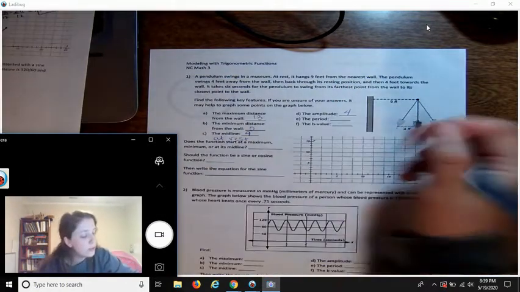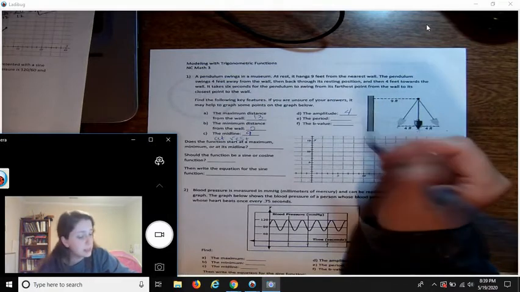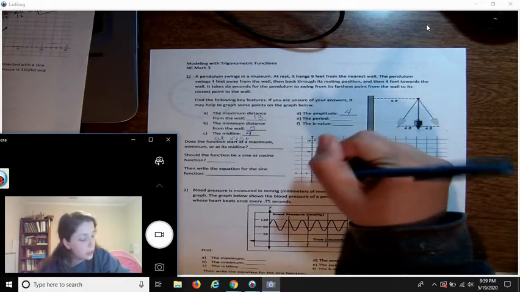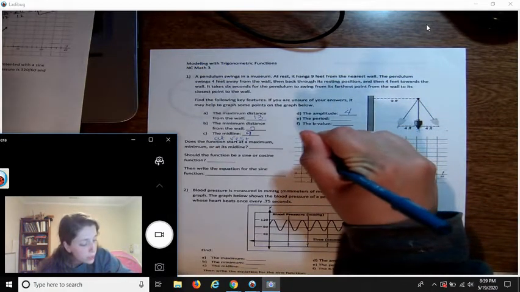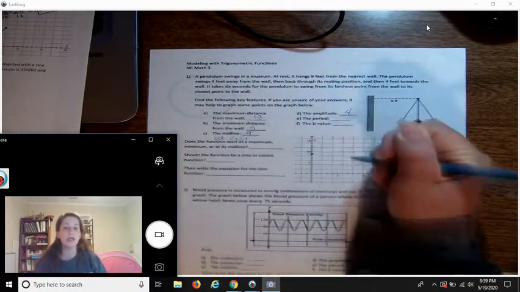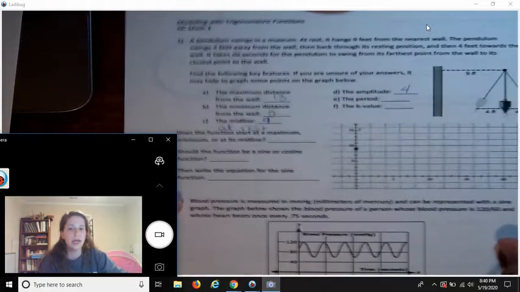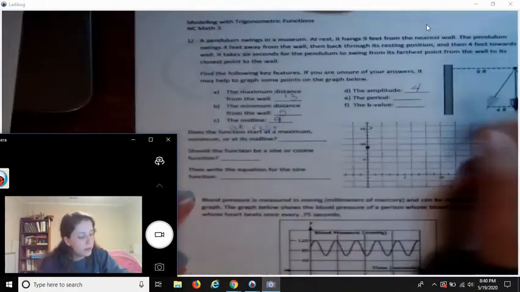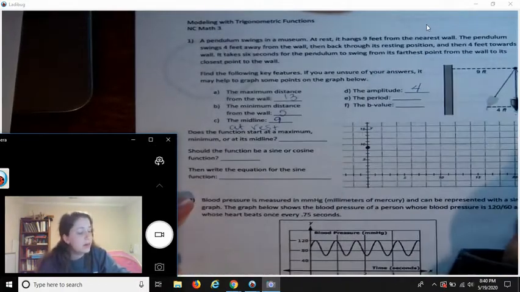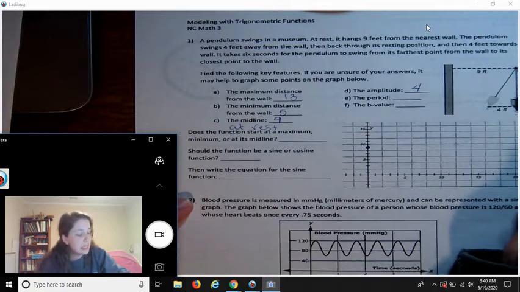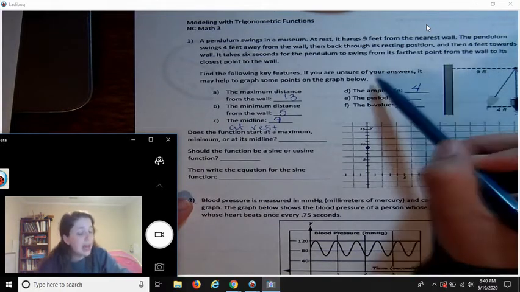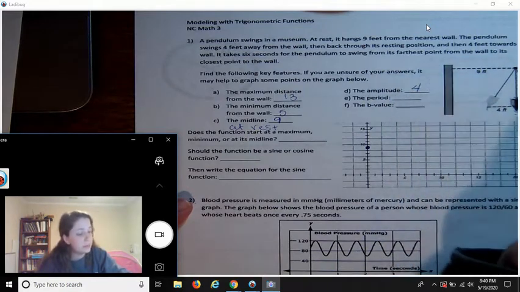Okay, so if we're starting at the midline, at time 0, that means our first point must be at this 9-foot mark on the left there. Let me zoom in a little bit so you can see. Okay, so this is going to be our very first point on the graph. Then our next point is going to be at 13 feet, okay? And it tells us, let's see, we need to see how long it takes to get here.